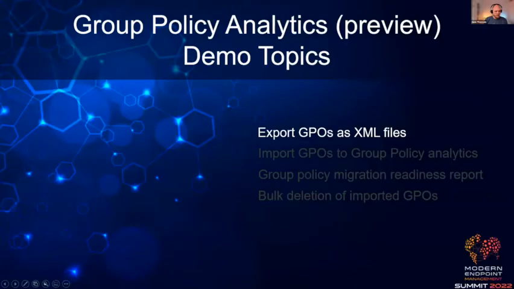Okay, the first thing that we will take a look at is exporting GPOs as XML files. And I will show you how to export GPOs from my domain controller and which options we have available to achieve that.